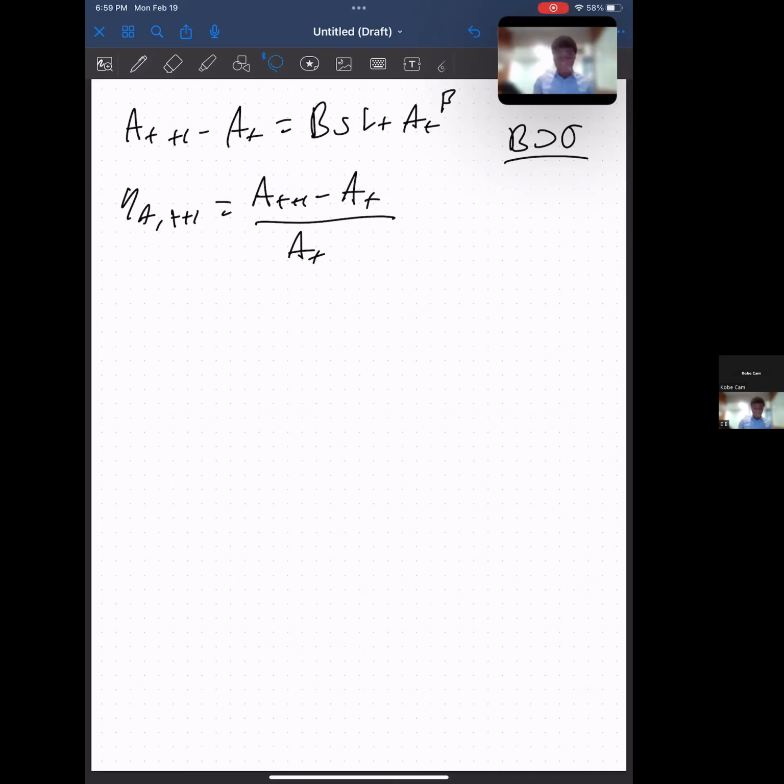Okay, we're already given the equation for A_{t+1} minus A_t right here on the top, so we can just use that. So now we have B S L_t A_t to the beta for A_{t+1} minus A_t. Now we divide both sides by A_t.